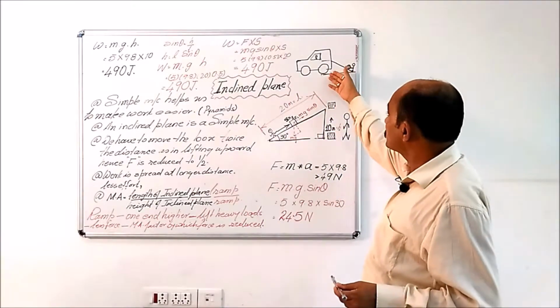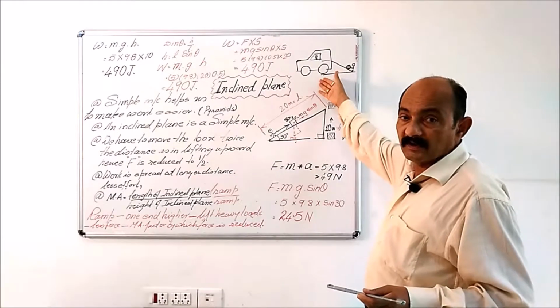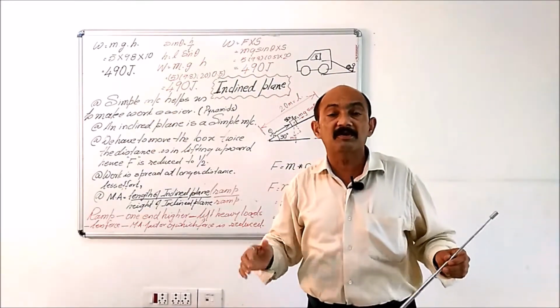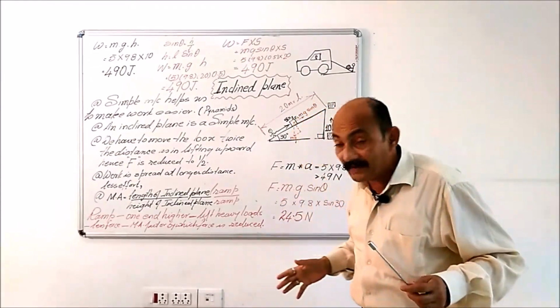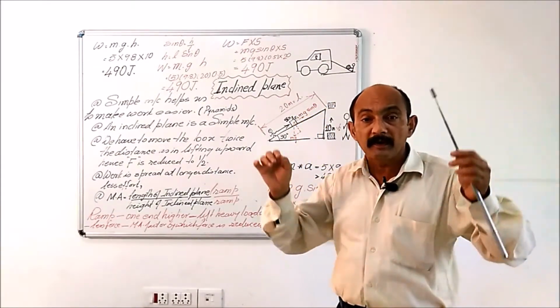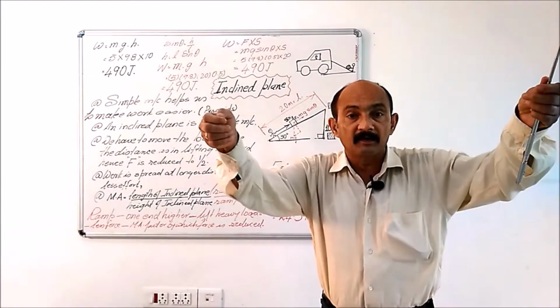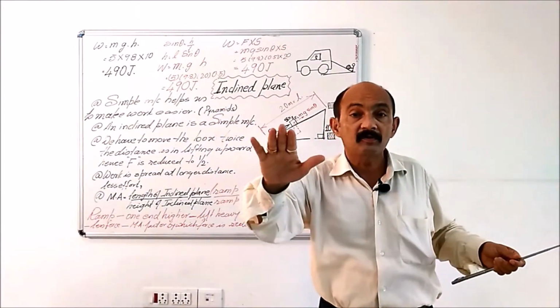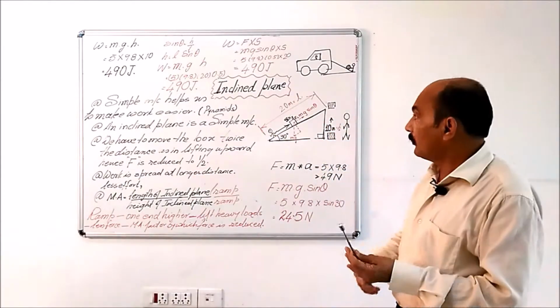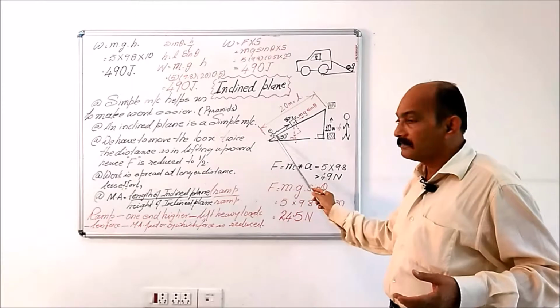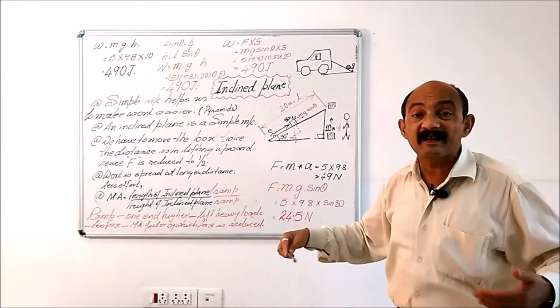Now you can see this example. This we very often see on the roads. Whenever you are pushing some box or a barrel, and when you want to put it in the truck, it is very difficult to put it vertically upward, and it is very easy to push it through a ramp. Now here again, if this angle will go on decreasing, you will require less and less effort.